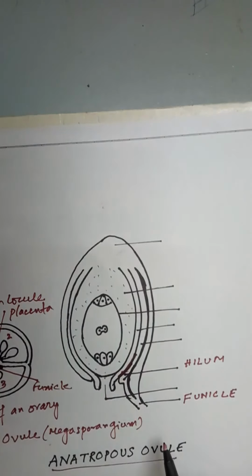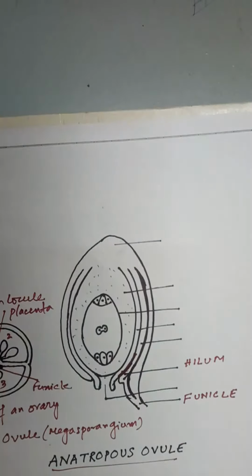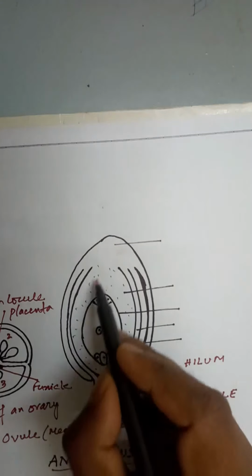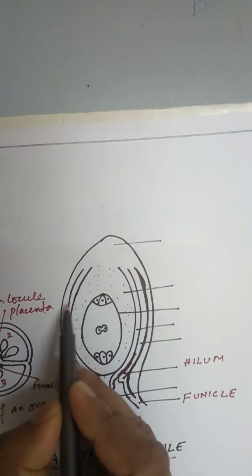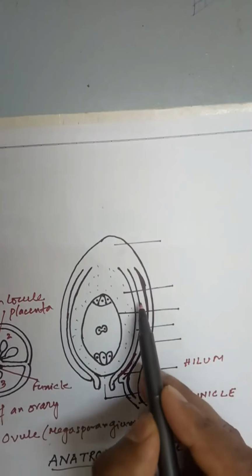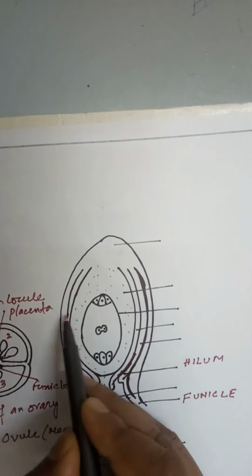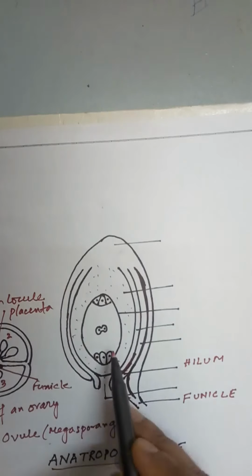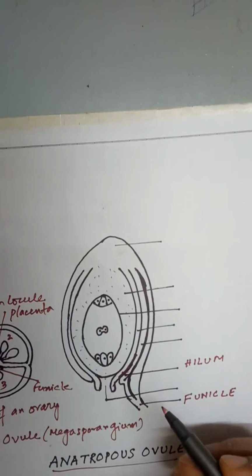Now you can see that each ovule has 1 or 2 protective envelopes. This is one protective envelope, and this is the second protective envelope on either side, 1 and 2. This one is somewhat wider. So we have two protective envelopes covering the ovule. These protective envelopes are called integuments.